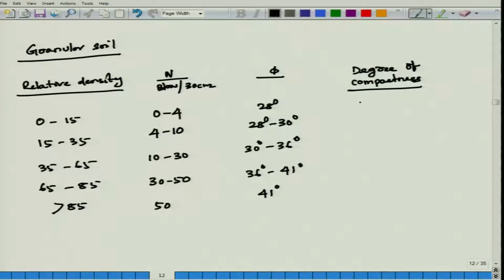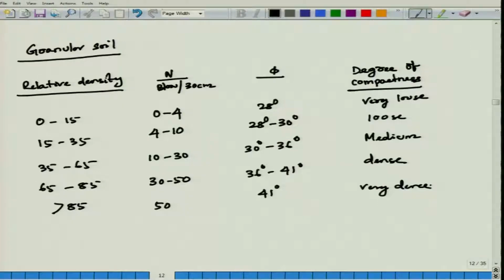The degree of compactness is very loose, then loose, then medium, then dense, then very dense.